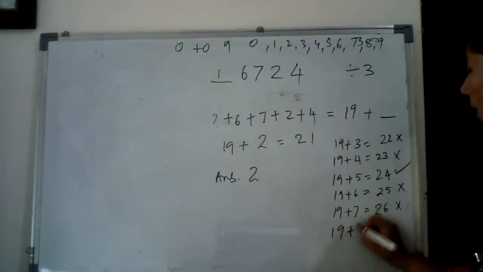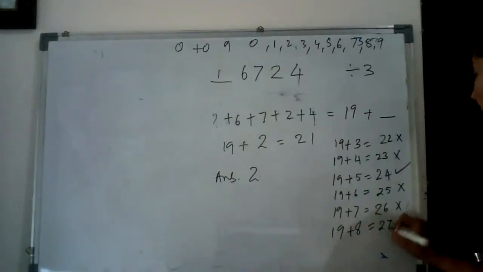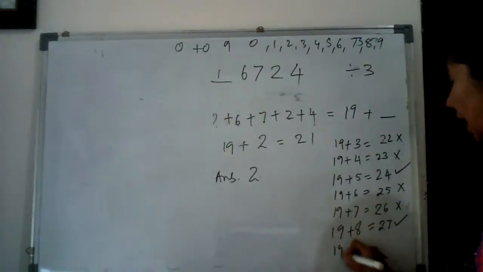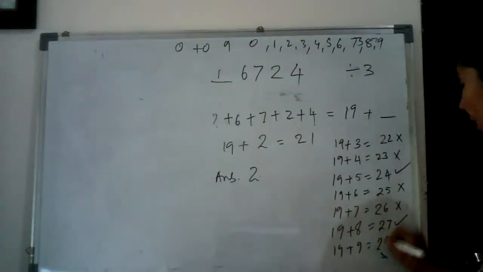But 19 plus 8 gives you 27, so it fits. And 19 plus 9 is 28, so it doesn't fit.